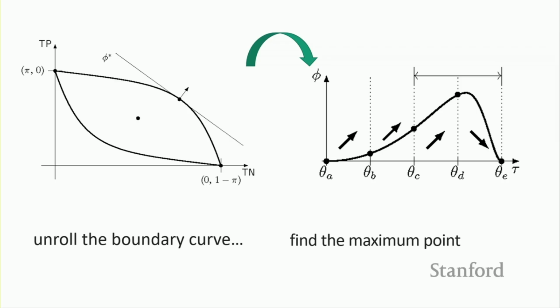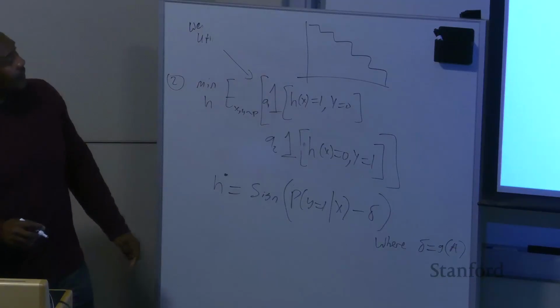So what will happen with finite data is that instead of having a smooth boundary, you have a stepwise thing. So it ends up looking, if you've drawn ROC curves, something like this. There are a few ways to fix this.